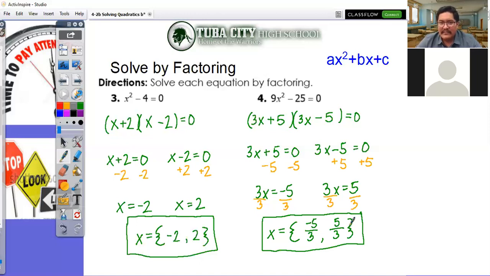So we got both of these nice and solved. Now again, this one is going to be a little bit harder to check, but if I were to take 5/3 and negative 5/3 and plug them in for x, it should come out to 0. So that's how you check it. Anyway, I'm going to go ahead and keep things moving along.